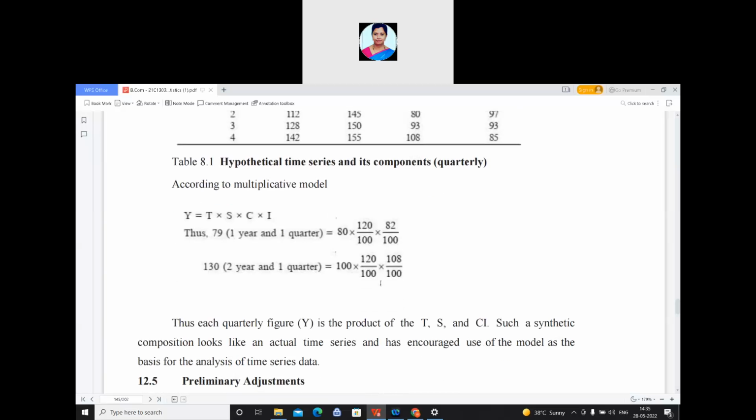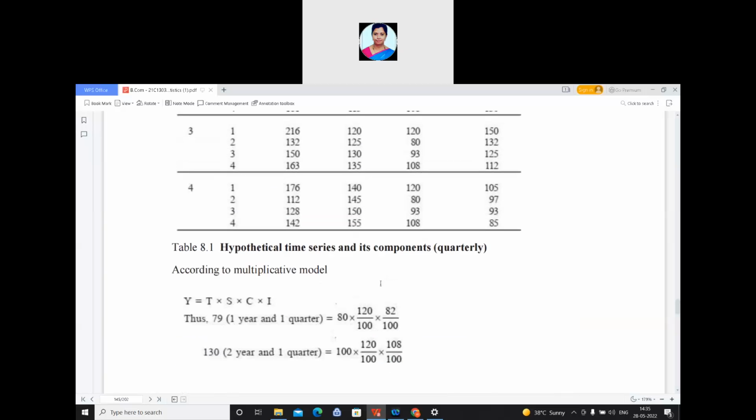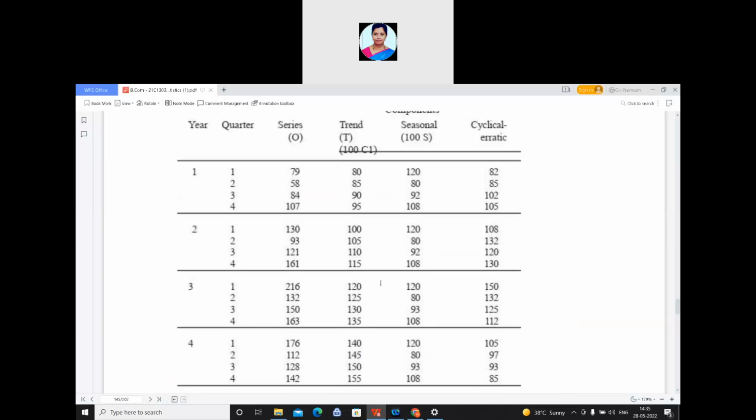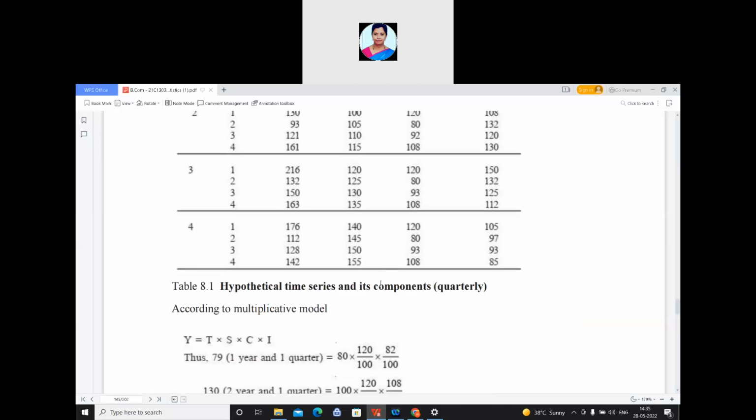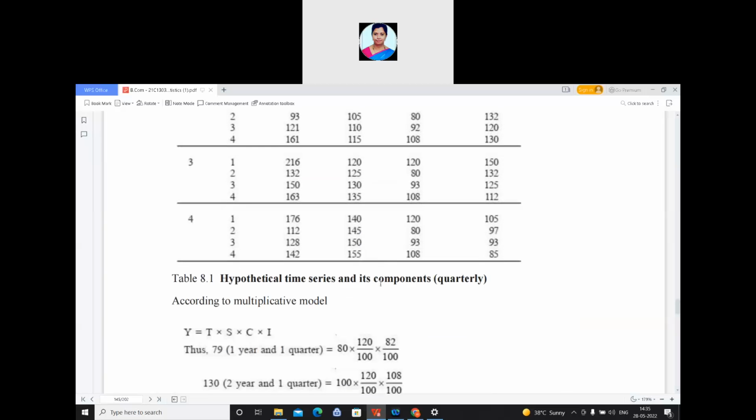This we have 79, for year 1 and quarter 1. See this one, 79, the very first one. It is coming in the first year, first quarter. So that is equal to 80 into 120 by 100 into 82 by 100.